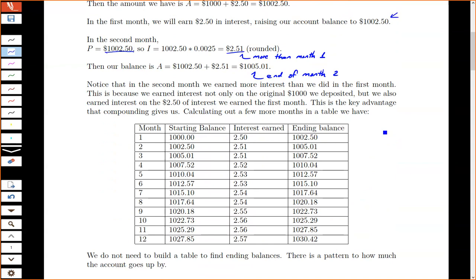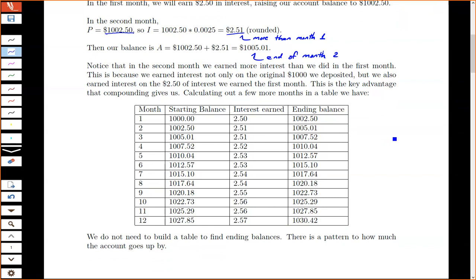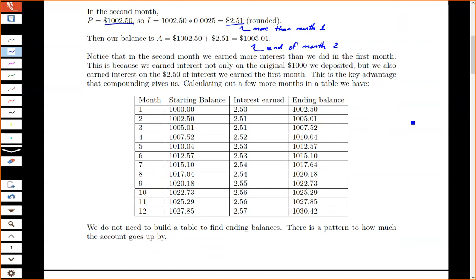The idea of compound interest is, no, we compute the interest every month if it's compounded monthly, or every quarter, or every day, whatever the time unit is that we agree upon. And we add the interest as we go.